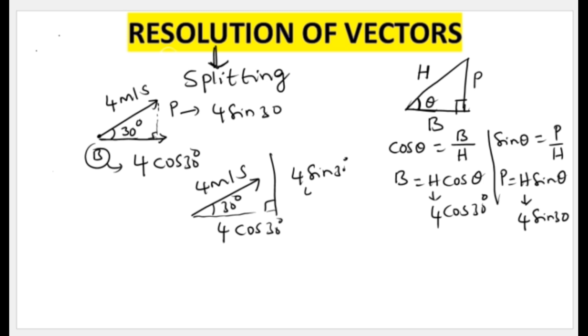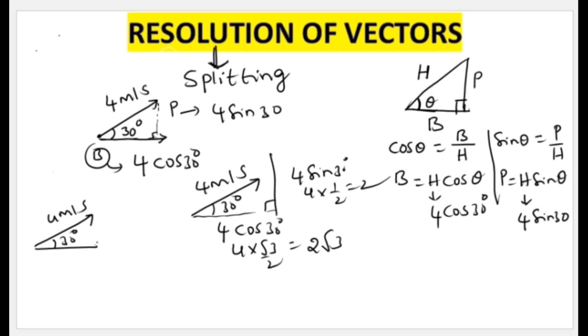So 4 sin 30 means 4 into 1/2, that is 2 meter per second, and here 4 cos 30 means 4 into sin 60, that is √3/2, that is equal to 2√3. So that means here 4 meter per second at 30 degrees can be written as, on x-axis, that is 2√3, on y-axis its component is 2 meter per second.